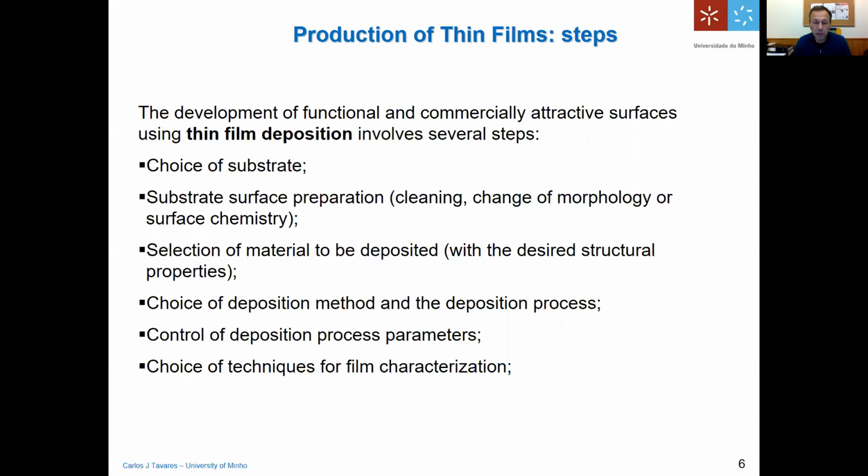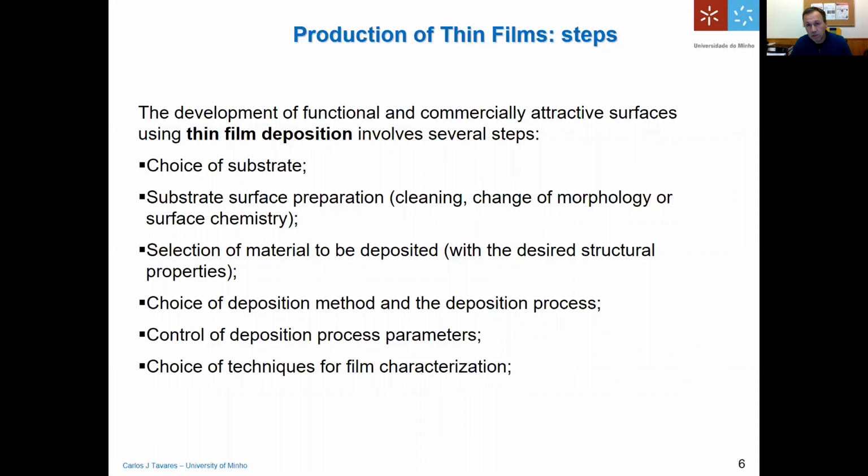And of course, you will need to optimize for every material that you try to deposit. It's always a challenge. It takes several times. Sometimes it can take several months of hard work just to achieve the best deposition process parameters. Then you need to also characterize the films that you have produced. You may study the crystallinity by X-ray diffraction, and the morphology by scanning microscopy.